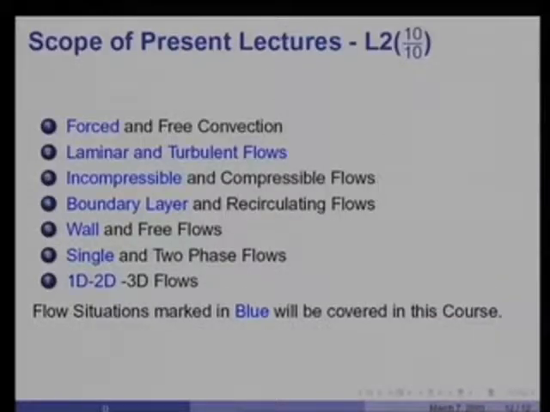Scope of the present lectures then. All the things marked in blue are the ones that I shall be concentrating on, while making very brief references to those which are marked in black. The first classification is between forced and free convection, so I'll be largely dealing with forced convection. There are laminar and turbulent flows, including transitional flows.